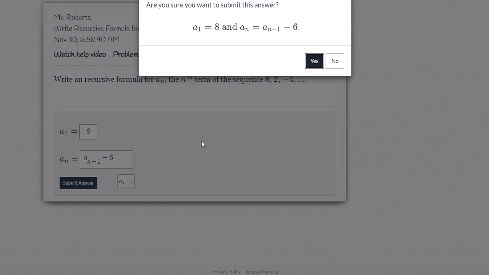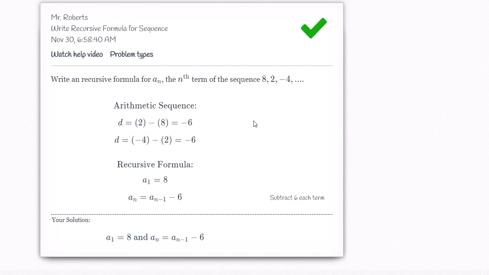Let me check that real quick. Okay. And it says I was fortunately correct, so good. So that's one way that you can write this, right? It is an arithmetic sequence, and we're decreasing by 6. So when you see that notation, our book talks about it, and it is going to show up in Delta Math at some point too.